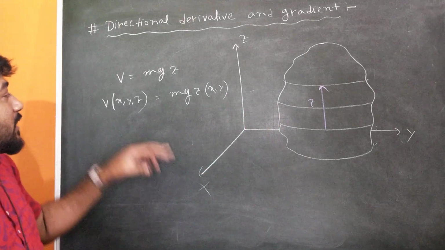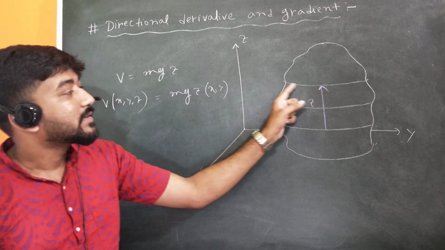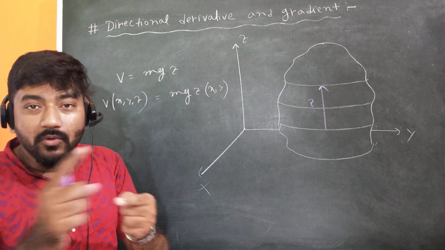Okay, and you can see for a particular z this v is constant. So if you take this curve, this is the boundary of the level surface.